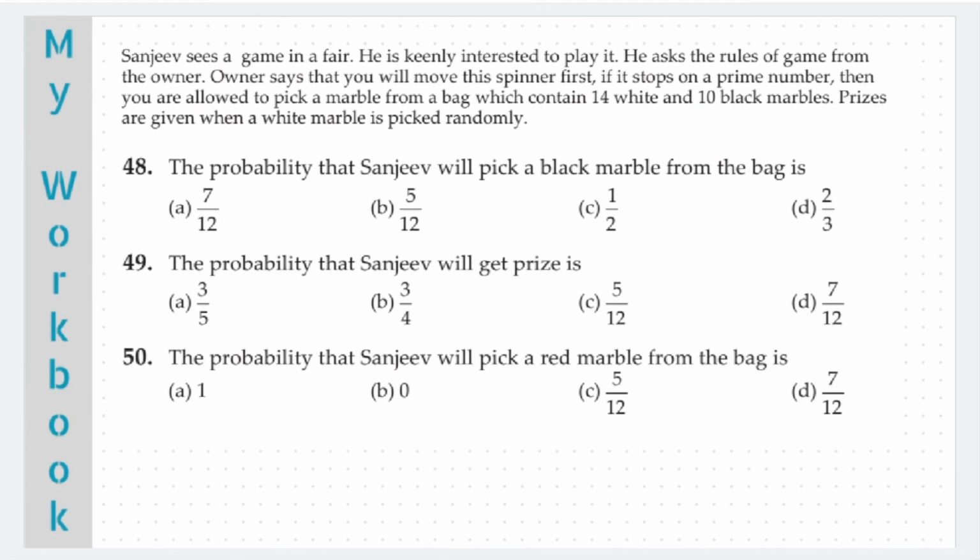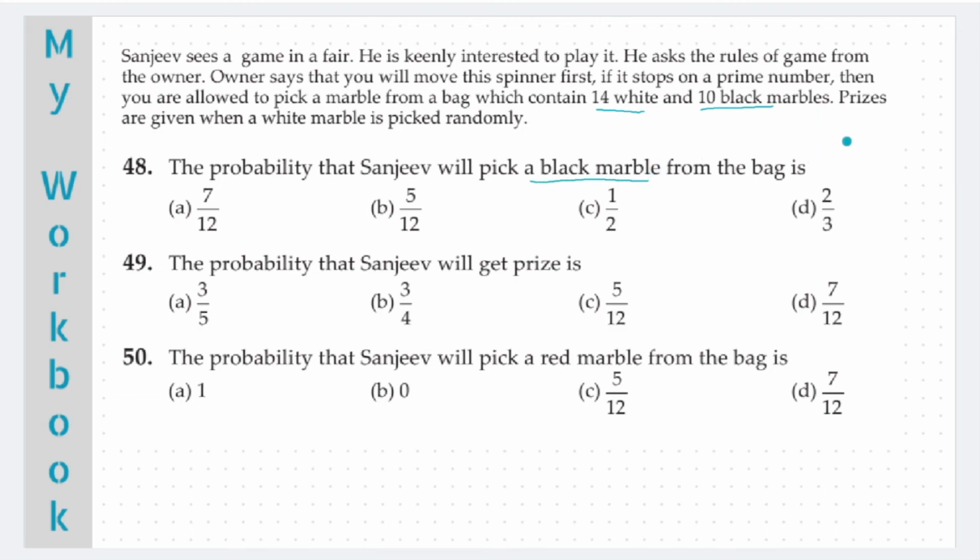3 more questions. The probability that Sanjeev will pick a black marble from the bag is. So there are totally 14 white and 10 black marbles. Here we are asked for the probability that he picks a black marble.